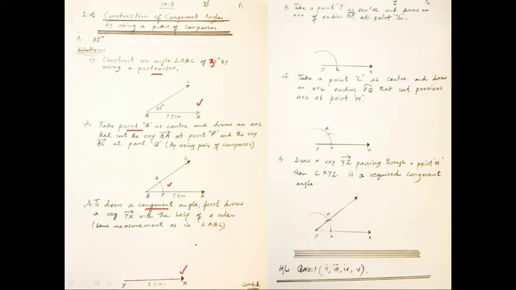Now take Y as center, and with the same radius, that is BP, draw an arc on the ray YX.